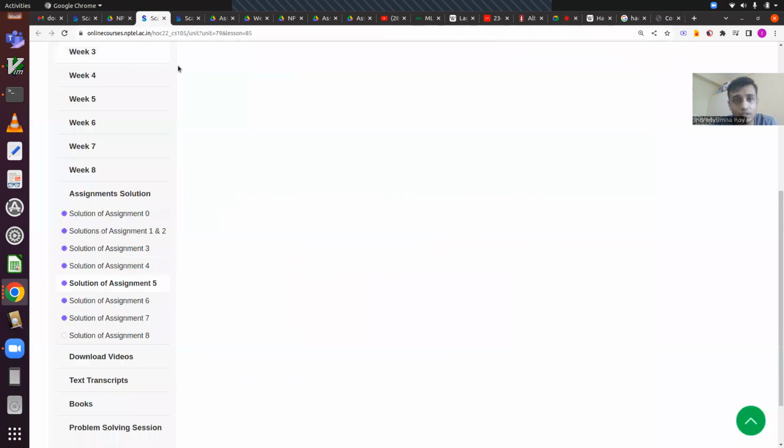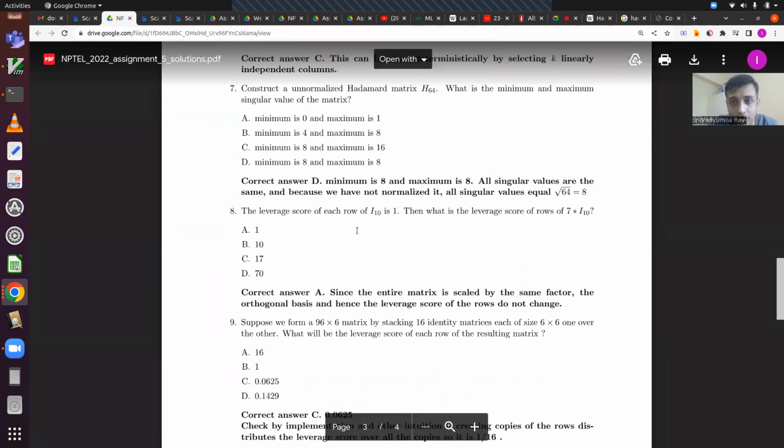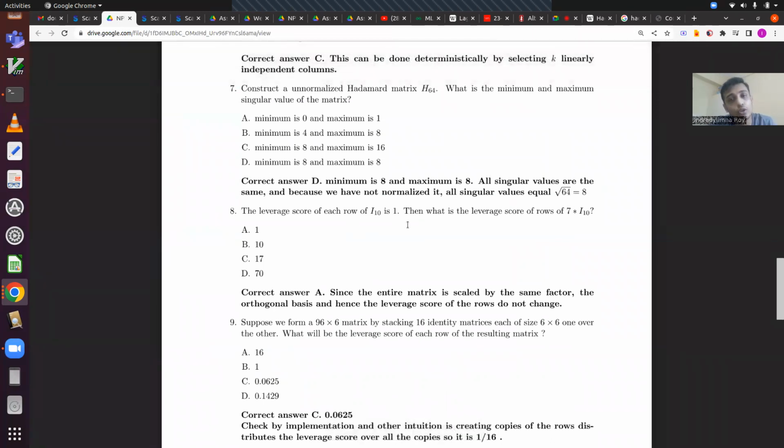So what is an orthonormal basis? I know, sir, but I forgot. Okay, so first of all, I10 is identity in 10 dimensions, and that is a full rank matrix. Why?